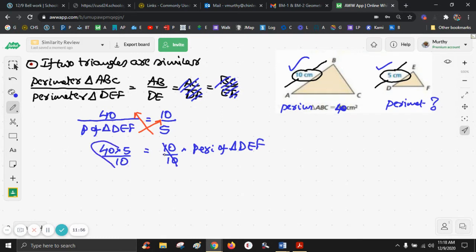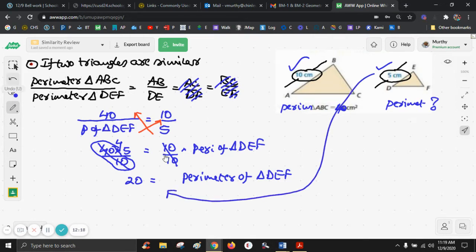In the butterfly method, 40 over 10 gives me 4, and 4 times 5 is 20. So that's the perimeter of triangle DEF. Here I see that the units are centimeters. Therefore, I'm writing the perimeter units as centimeters.